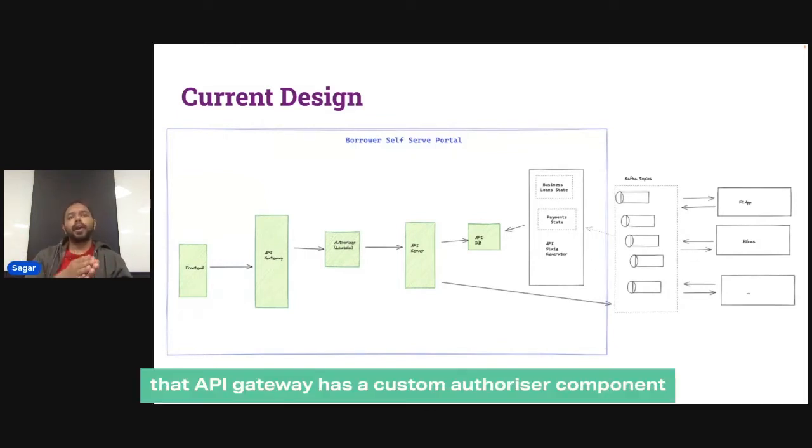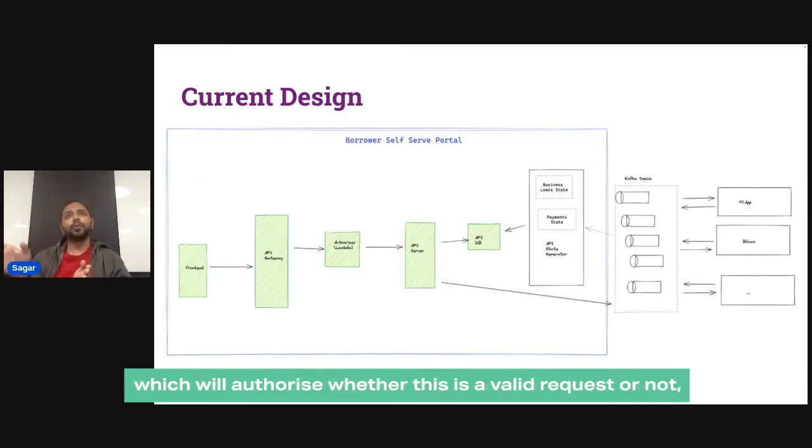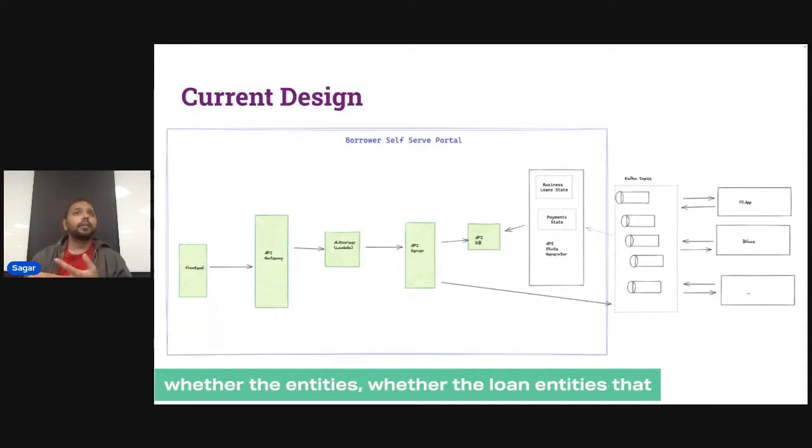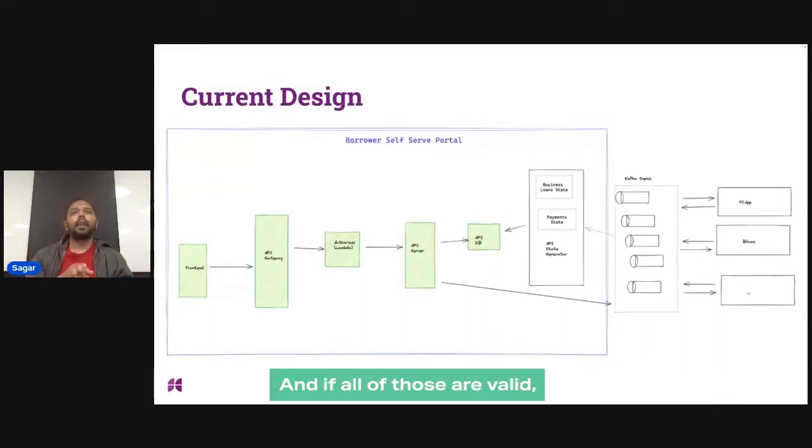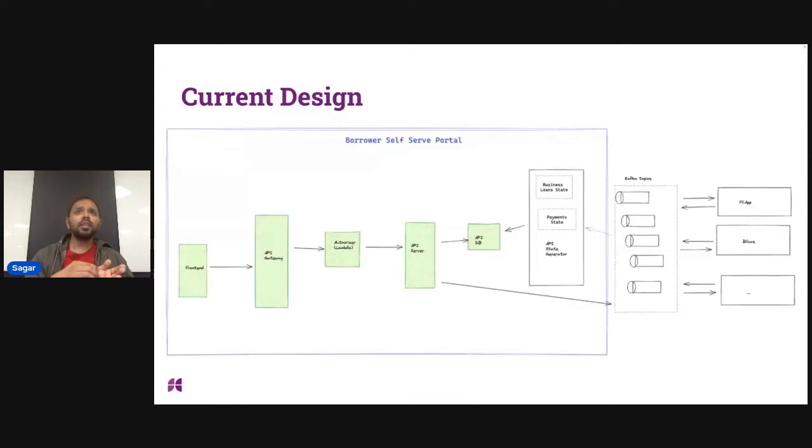That API gateway has a custom authorizer component, which will authorize whether this is a valid request or not, whether the loan entities that the API is trying to access have the right security authorization and all of those things. And if all of those are valid, then we hit the actual API server and get the data from there.